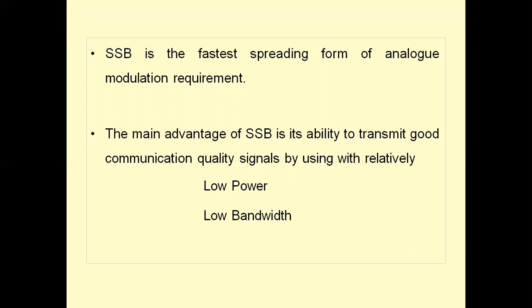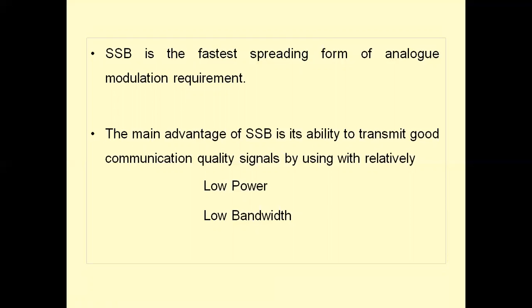If the power level is saved, what is the advantage? It is easy for us to generate the power, and it is very easy for us to transmit that power efficiently through an antenna. Antennas need not be stable. What is the advantage of having low bandwidth? We can have more number of channels.